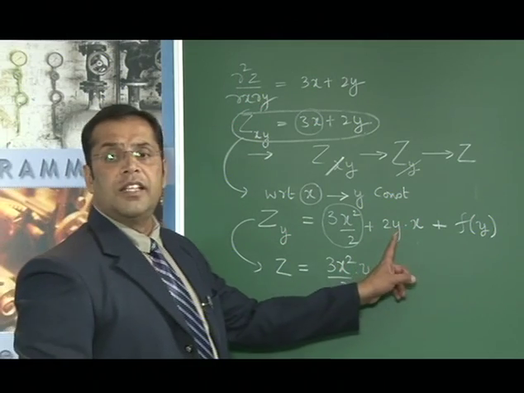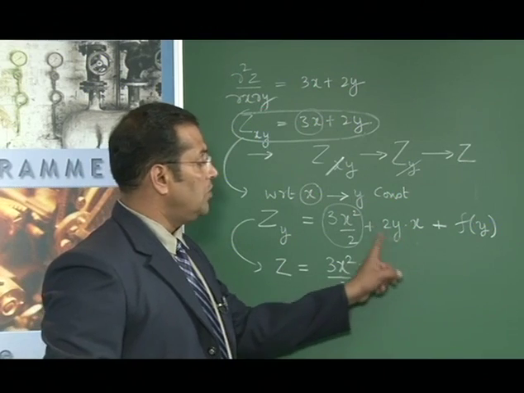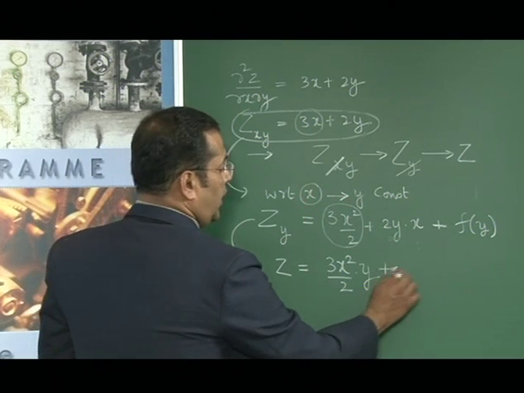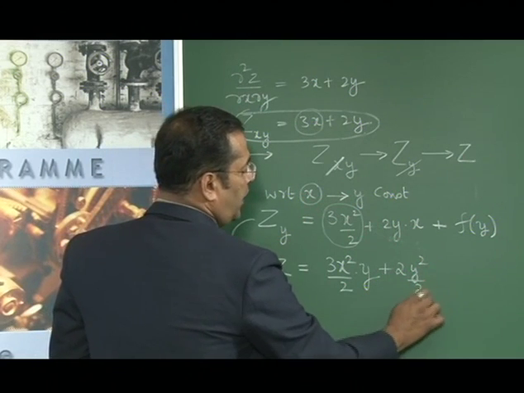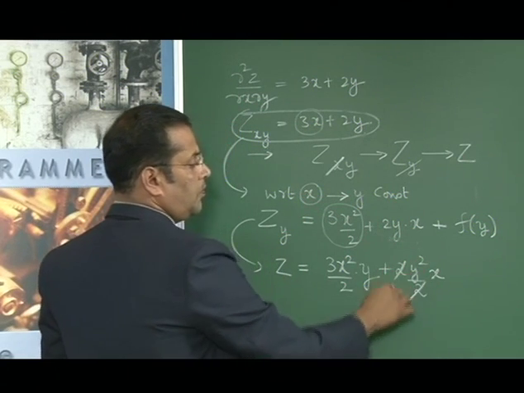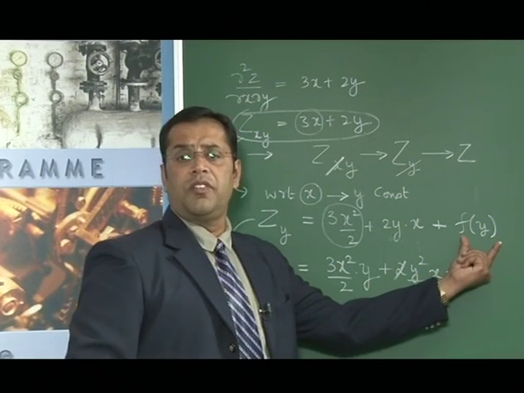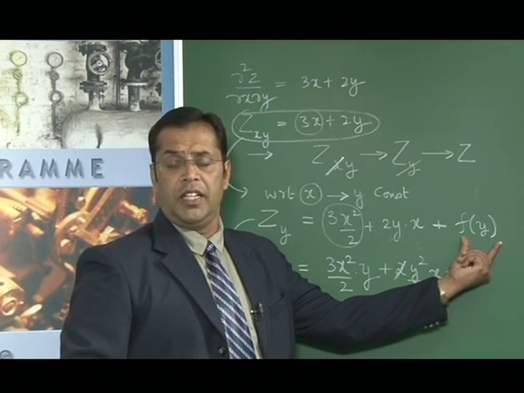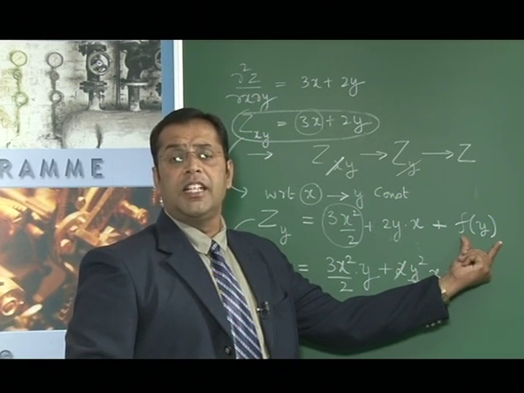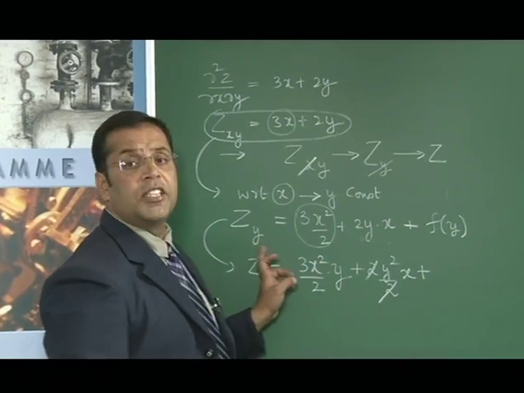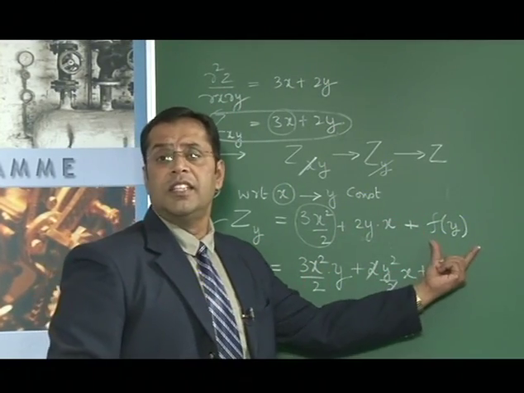Then in the second term, there is a y term, which is 2 into y, and the integration of y is y square by 2. So, I get 2 y square by 2 into x plus f of y. Even though f of y is an arbitrary function of y, it contains y terms, and because you are integrating with respect to y, this is not a constant.